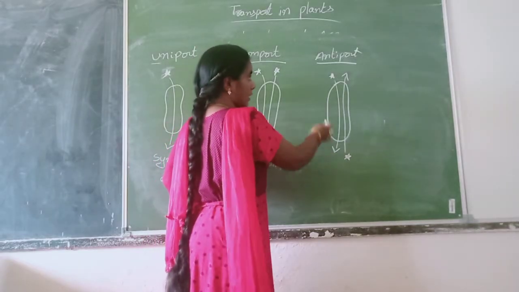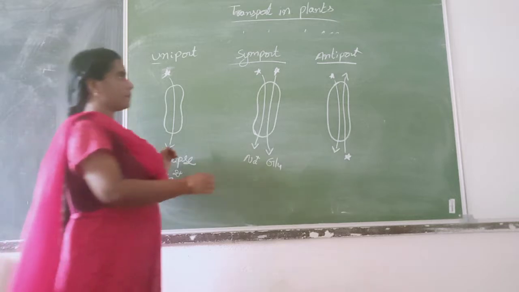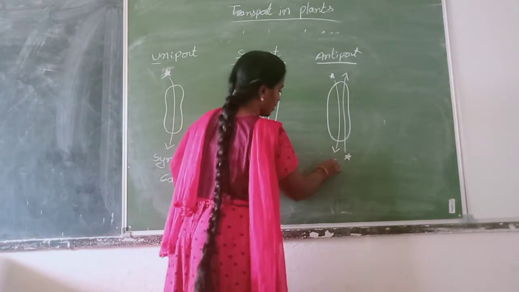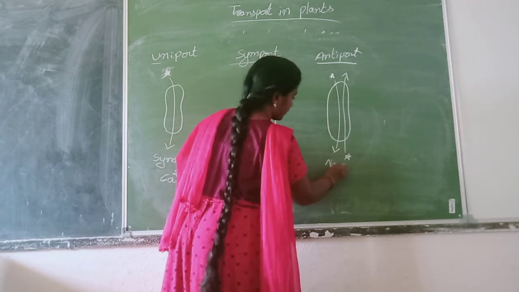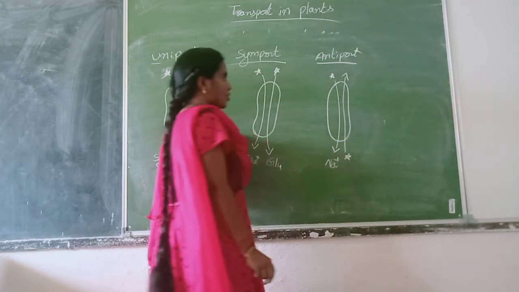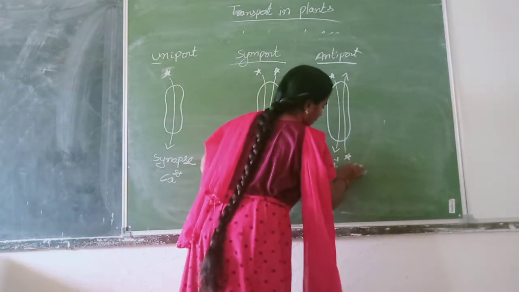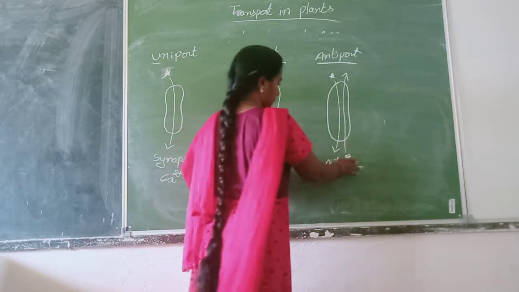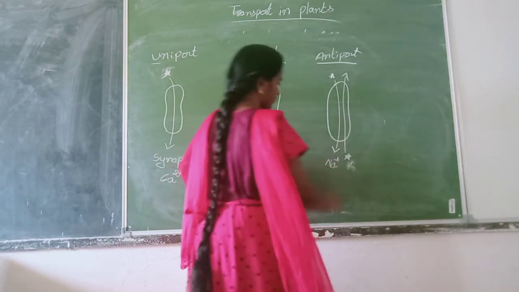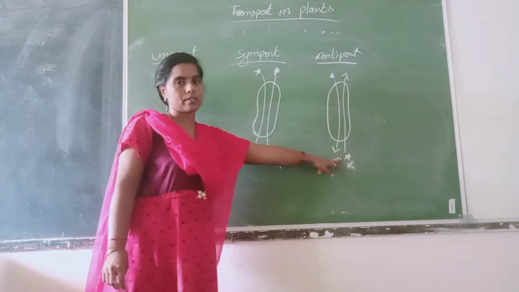And then in case of antiport, here sodium ions and potassium ions are moving in opposite directions.